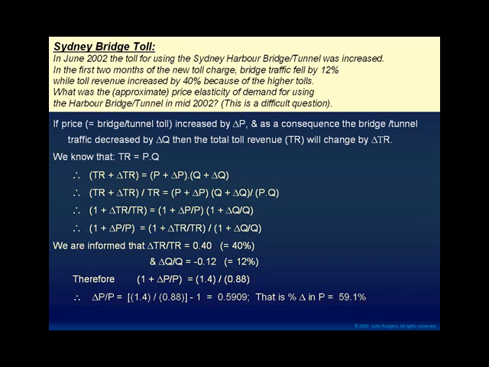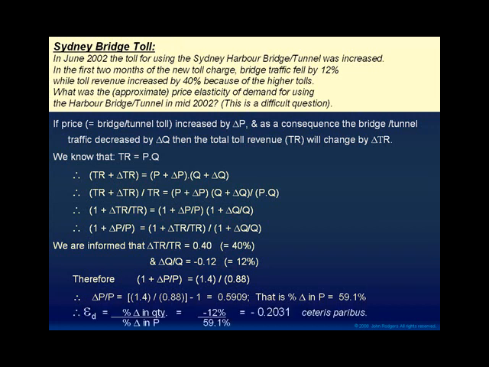When we work that out, we find the proportional change in price is equal to 1.4 divided by 0.88 minus 1. When you do the arithmetic, you find that equals 0.5909, or you could probably write that as 0.59. That is, the percentage change in price is equal to 59.1%.